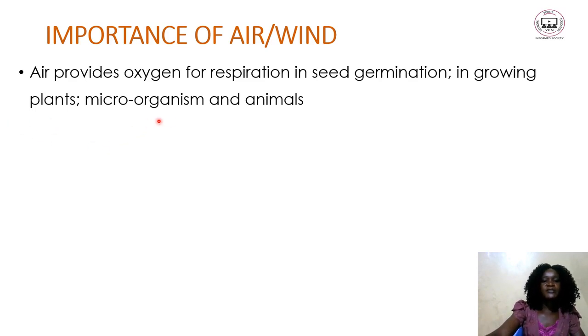The same applies to microorganisms as well as the animals. Both microorganisms and animals also need oxygen in order for them to be breathing. Be it small animals or even big animals, both need enough air in order for them to breathe.